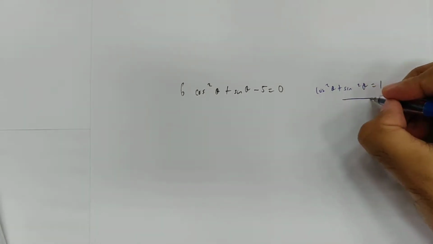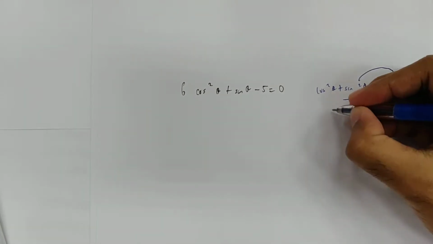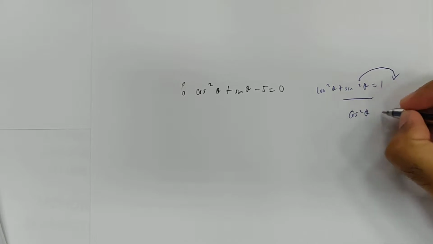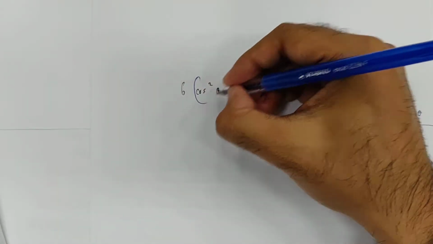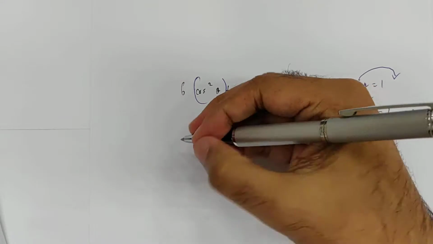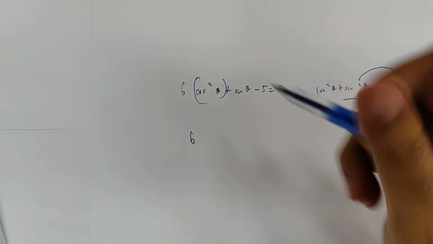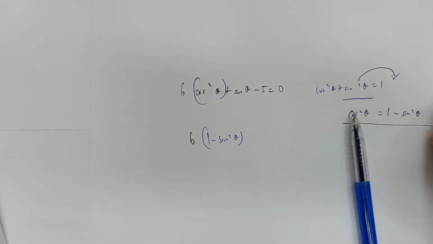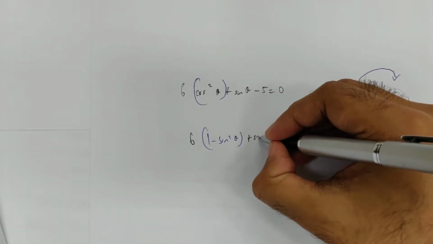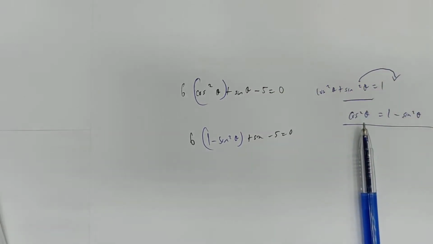Just move the rest, so cos squared theta equals 1 minus sine squared theta. And what do you do with this? You substitute inside here. So 6 times 1 minus sine squared theta plus sine minus 5 equals 0.